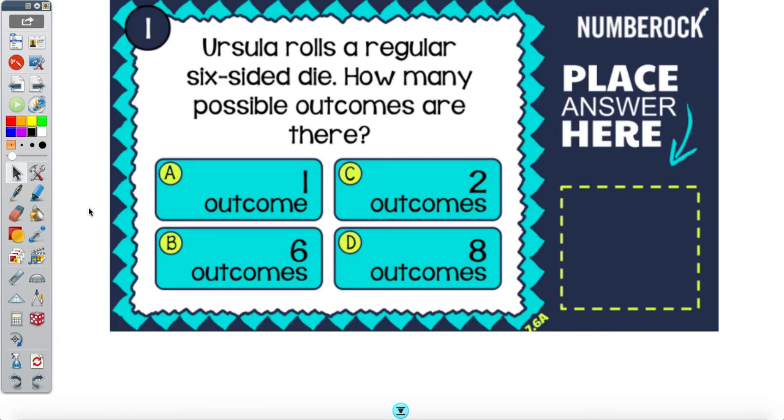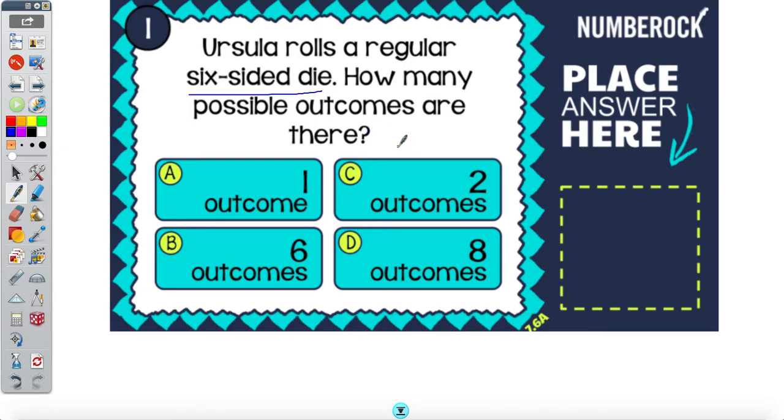All right, so the rest of the class today, you are going to answer the questions on the slide. So Ursula rolls a regular 6-sided die. How many possible outcomes are there?